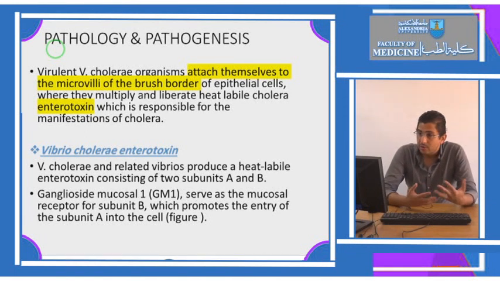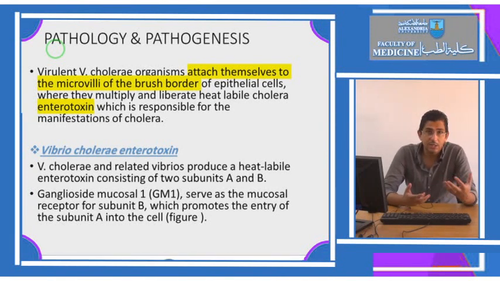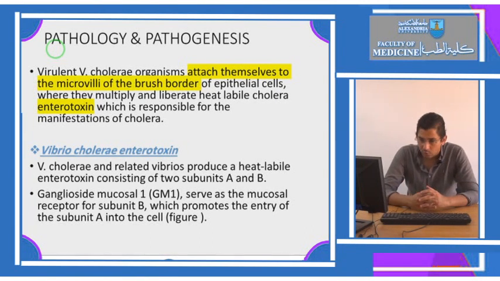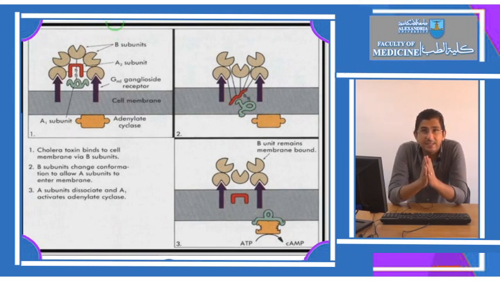The vibrios attach to the microvilli of the brush border of the epithelial cells, where they multiply and liberate heat-labile cholera enterotoxin, which is responsible for the manifestations of cholera. The cholera enterotoxin is formed from two subunits, subunit A and subunit B. GM1, the ganglioside monosialic 1, is a receptor for the B subunit.